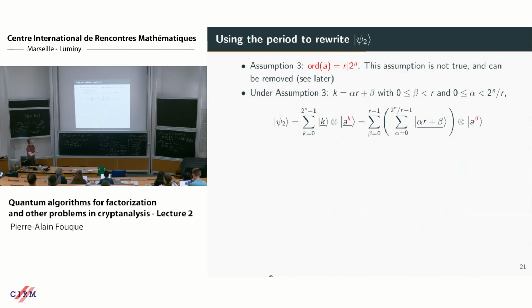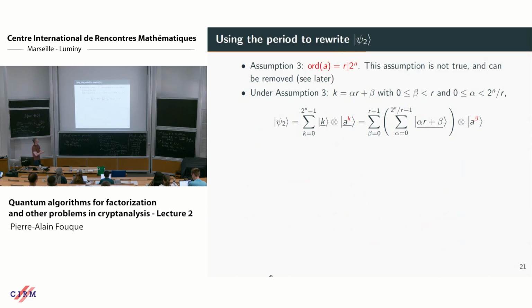Now I will compute the Euclidean division between k and R. The remainder will be beta, and the quotient will be alpha. I know that the remainder is between 0 and R, and the quotient is in this set. Now I can write a to the k, replacing k by this expression.